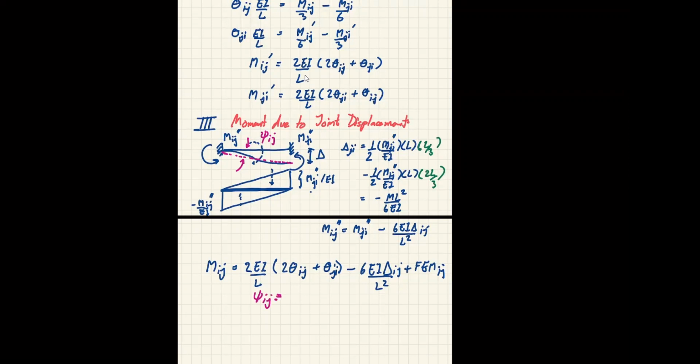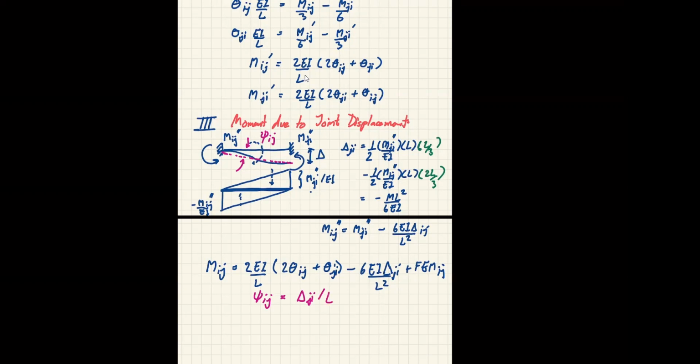Oh, it's at j, so I should write delta ji. Maybe I should also change this to ji. I'm sorry. Be consistent. So the psi is delta ji over the length of the member.